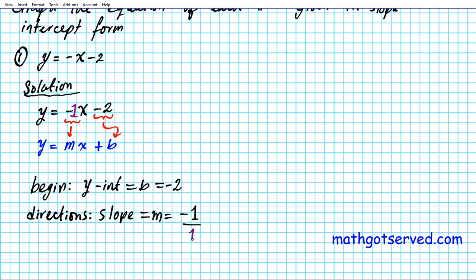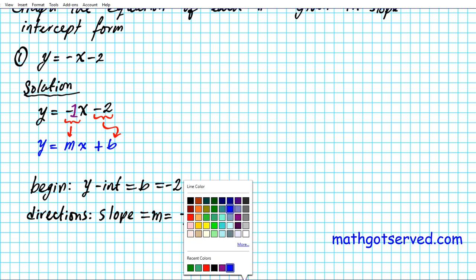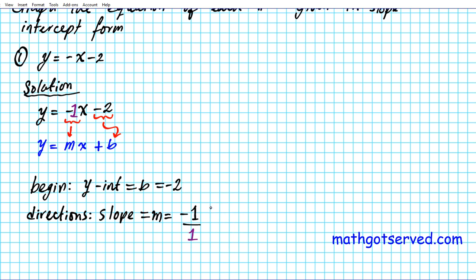So this tells me my directions: I am going to fall 1 unit because it's negative, and run 1. This is my fall and this is my run. You always run, and you rise or fall.